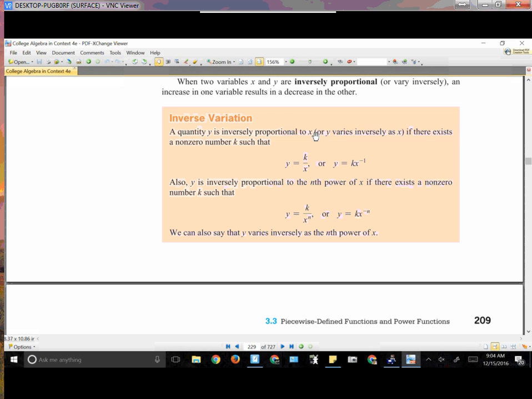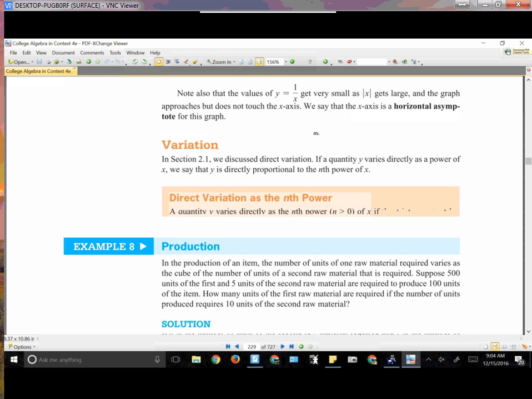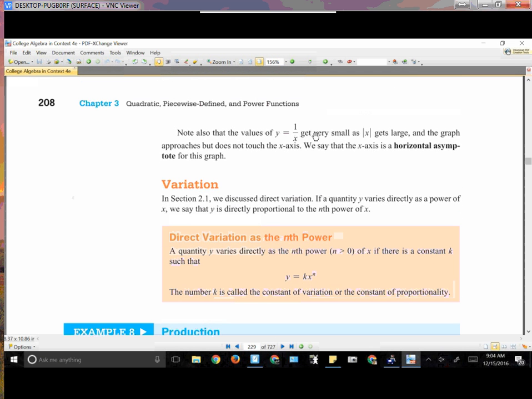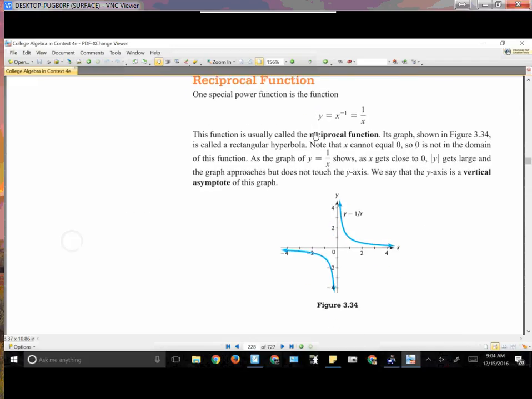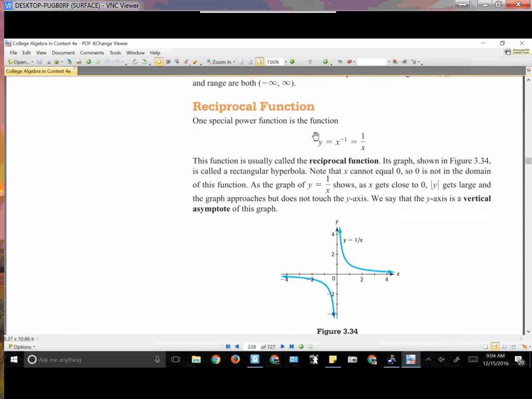Graph it out, see what it looks like. So that when you're looking at these, you've got kind of a ballpark idea. A lot of times, like with the reciprocal function, if you see a graph that looks like this, it leads you to the type of function that it is. That's why it's really important to go and take your data, graph it out to see what it is that you've got.